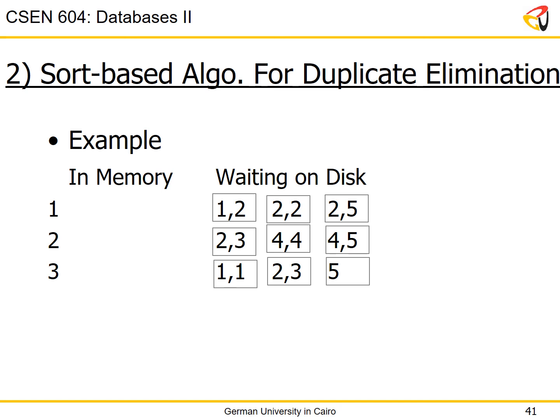I will put them in memory. And I will scan through them, outputting one of the values and ignoring the duplicates. This is how we eliminate duplicates. So my final output should be 1, 2, 3, 4, 5, and all the other duplicates are gone.